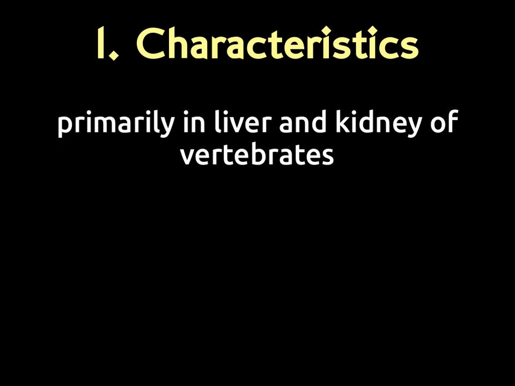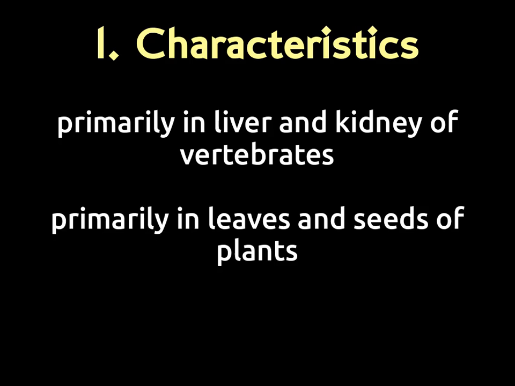In vertebrates, this means primarily a lot in the liver and also in the kidneys. These tend to be places of fairly high metabolic activity, and we'll come back in a couple moments to why they're there. But then also in the leaves and seeds of plants. Again, these are places of high amounts of energy conversion, energy usage and capturing in plants.